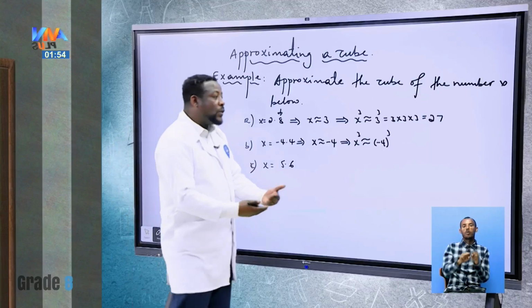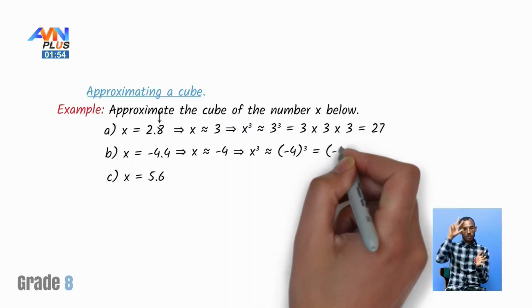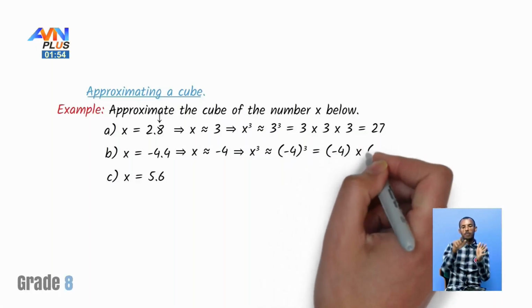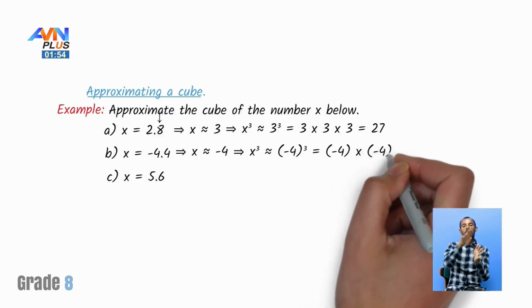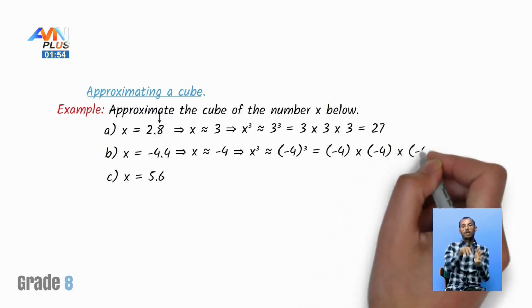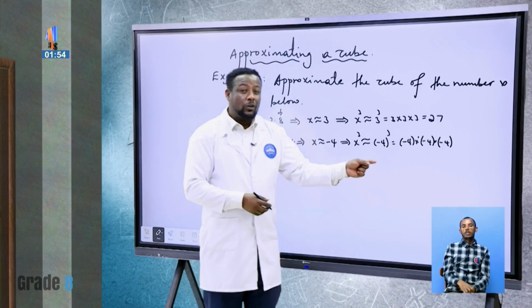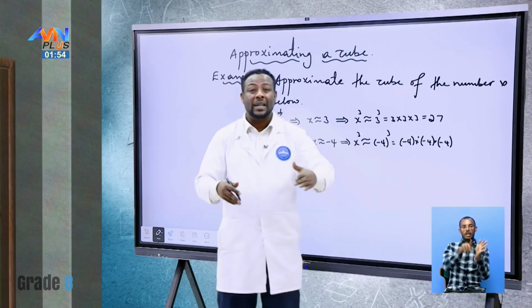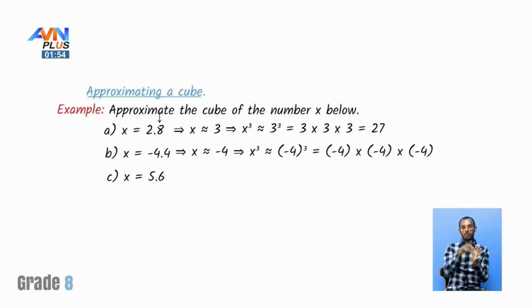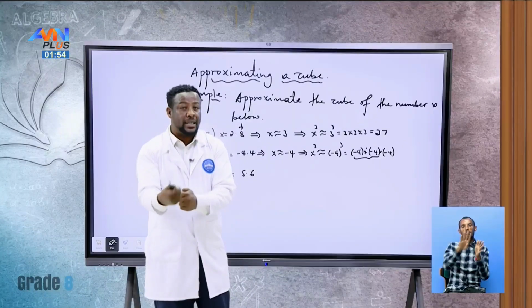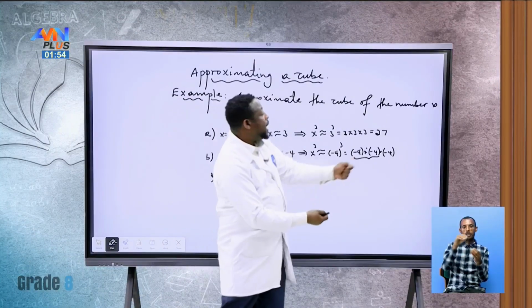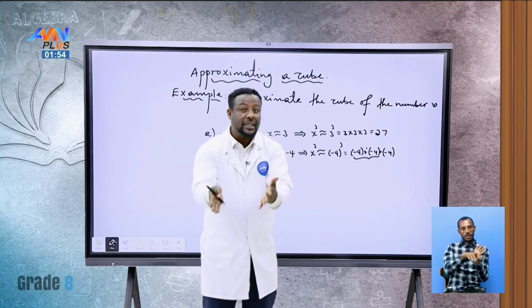That means minus 4 times minus 4 times minus 4. The product of these three negative numbers is negative, because minus 4 times minus 4 is positive 16. Multiplying by a negative number, the result is negative.